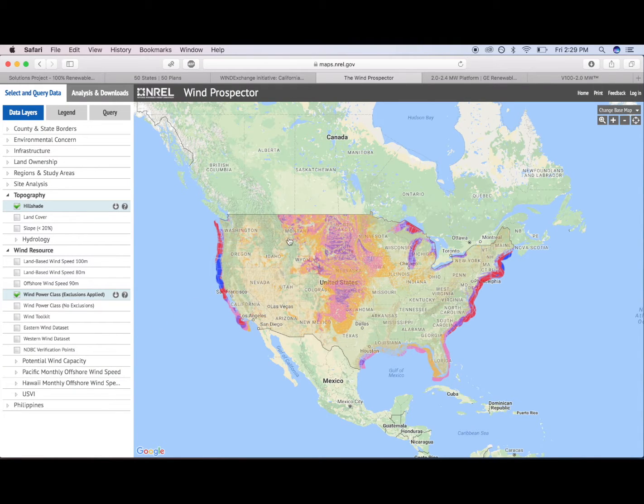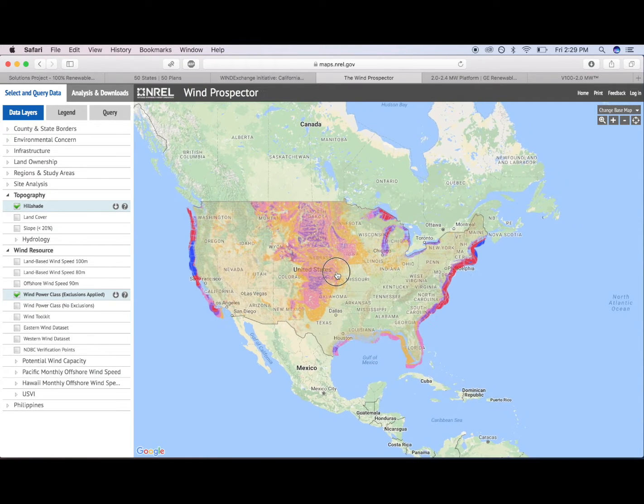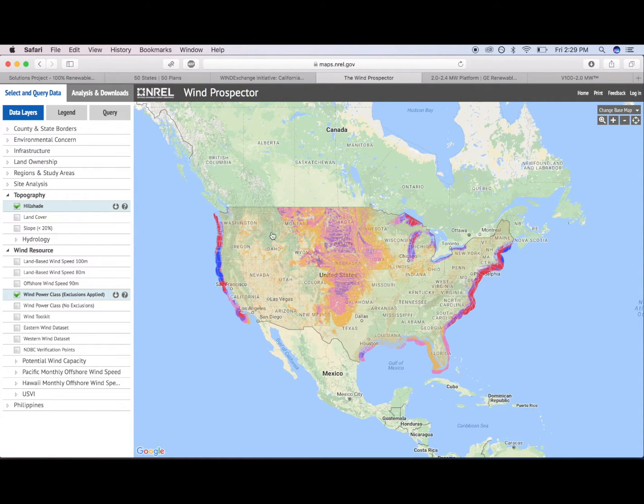You can manipulate this map, but it's going to be showing the primary wind resources in the state. We're interested in wind resources power class exclusions applied. So this means it's going to take out urban areas, national parks, everywhere you don't want to put turbines, it's going to exclude.